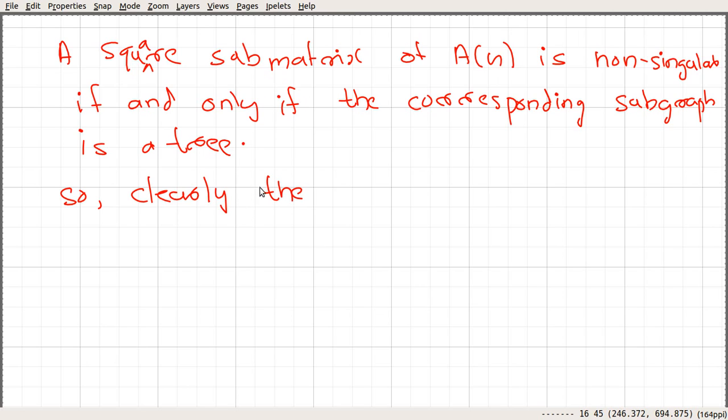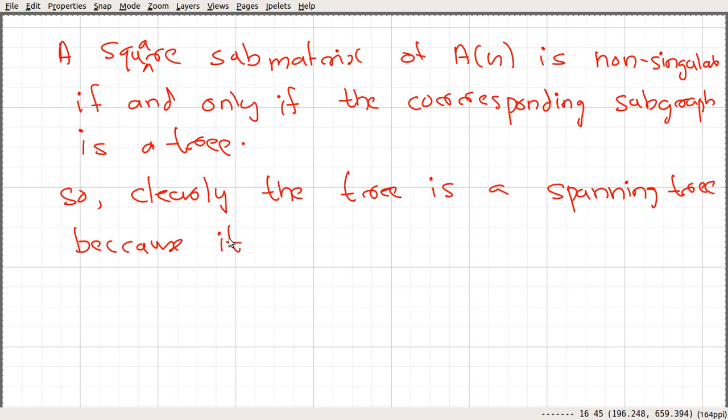So clearly the tree is a spanning tree because it contains n minus 1 edges of the n vertex graph.